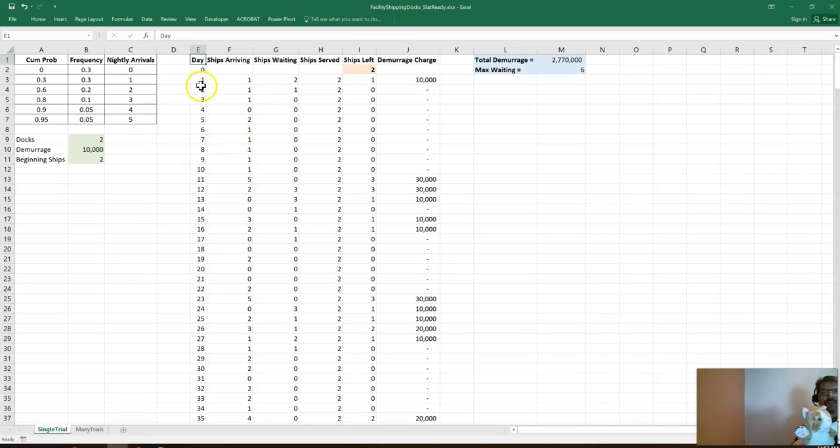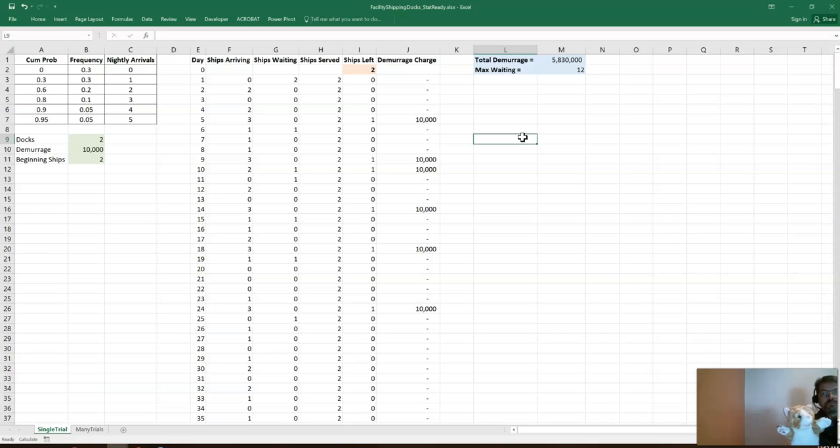The simulation here isn't a day. The simulation here is an actual year. So the simulation says what's the total charges that boats wait to get loaded, the demurrage charge, and what's the maximum number of boats waiting. But it is kind of a cool problem.